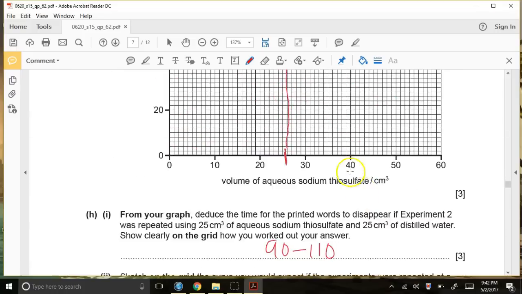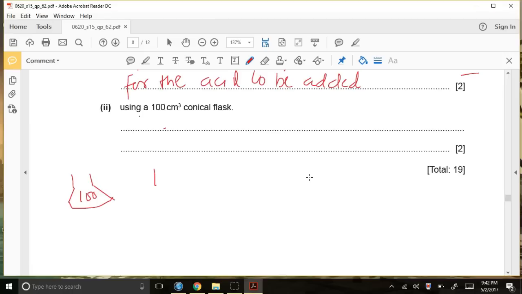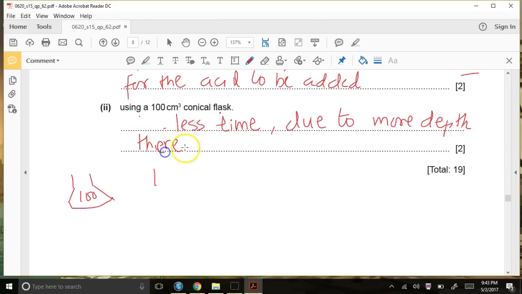So there'll be a much greater number of collisions. It'll be a faster reaction. So if you use a smaller flask, it's going to take less time. The reason is due to more depth, there are more collisions.